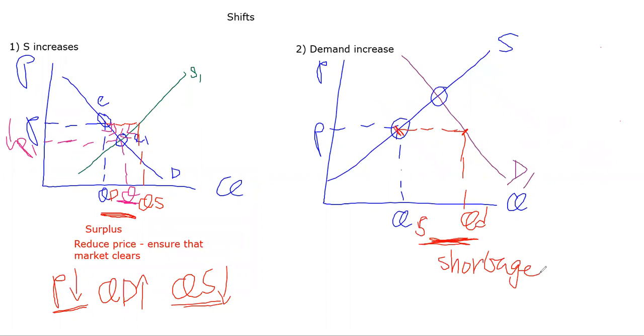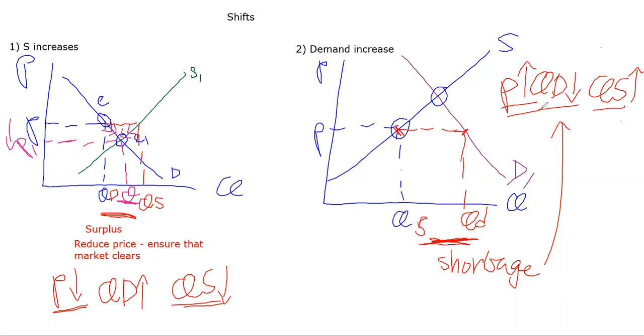To eradicate a shortage, what you basically do is increase price. So obviously quantity demanded decreases and quantity supplied increases, because of the law of demand and the law of supply. Interestingly, this function of prices is called the rationing function, because the idea is you have scarce units, so you just increase price and hence ration them out that way.